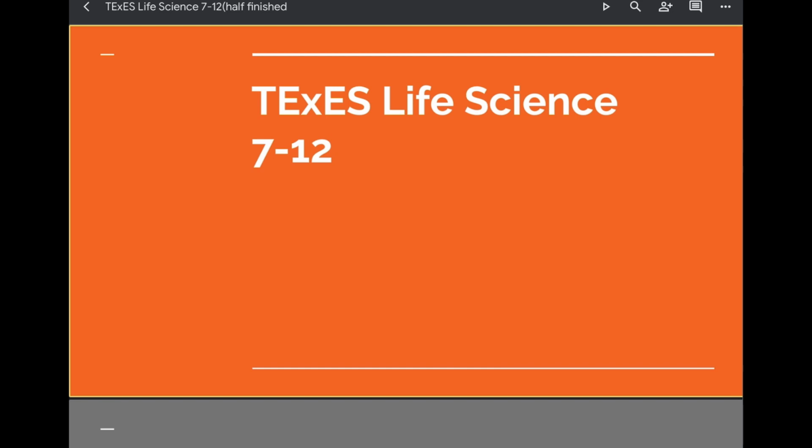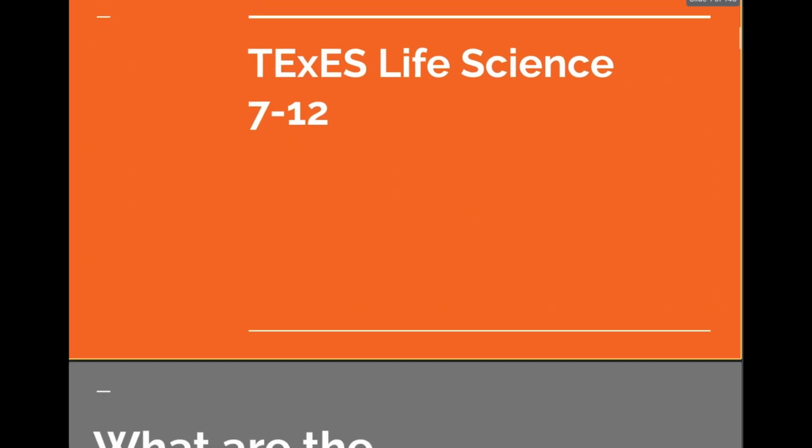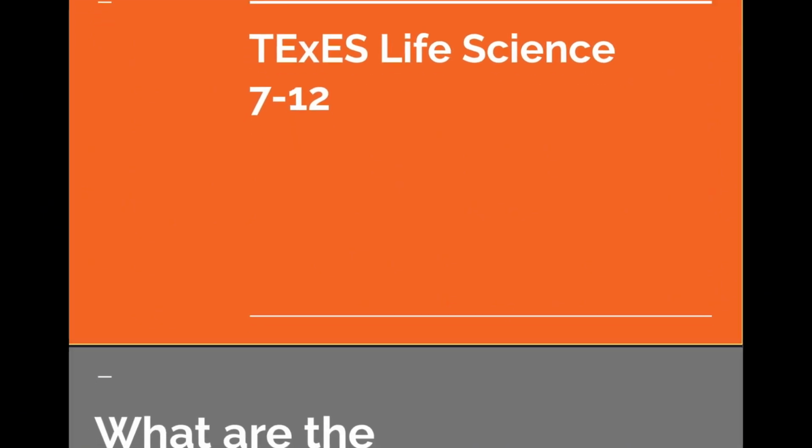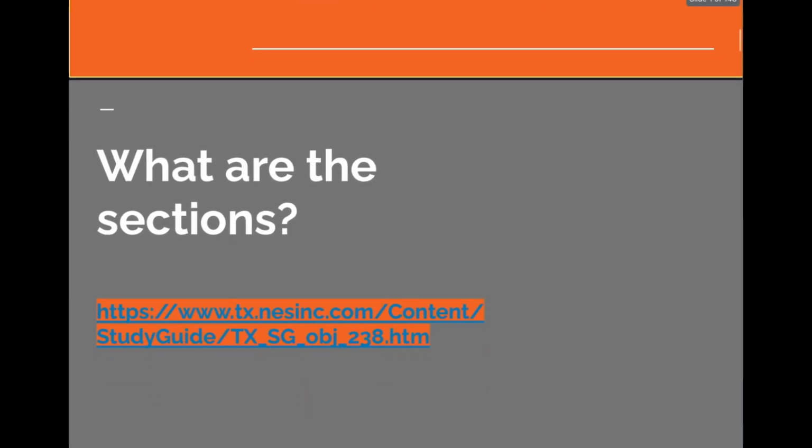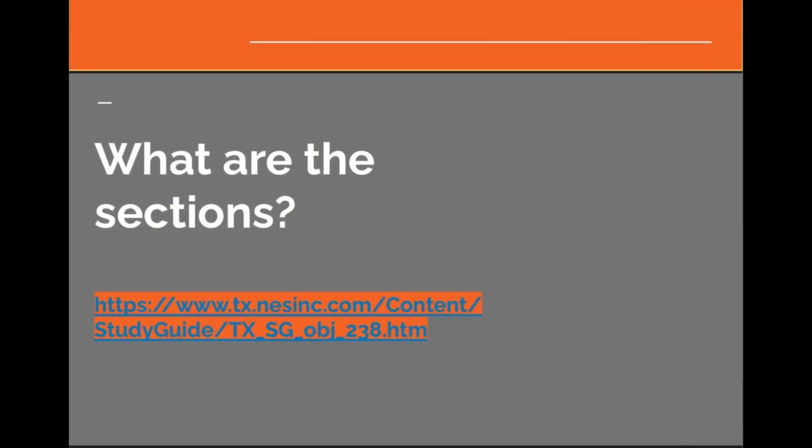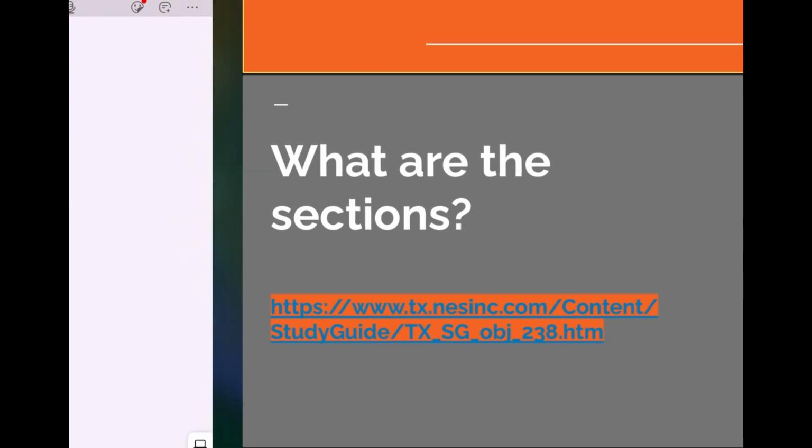Hey guys, so today I'm going to be showing you some free prep of Texas X Life Sciences. I'm still working on this project. I've only finished part of it, so I hope you enjoy this. Before we even start, you need to know what the sections are.